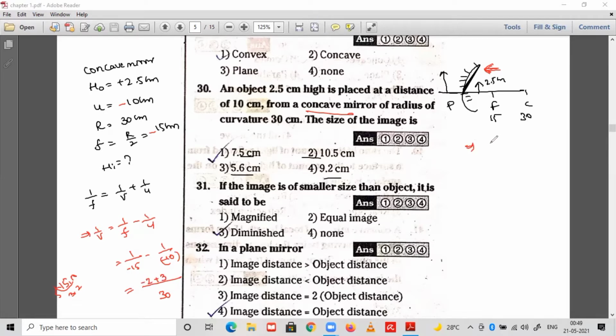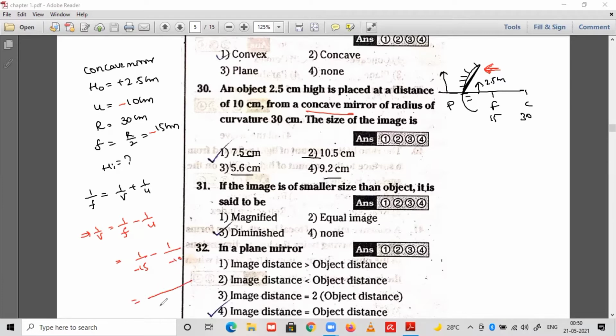Wait a second, we made a small mistake here. 1 by V is 1 by F minus 1 by U. What is the F value? 1 by minus 15, and 1 by U is minus 10.